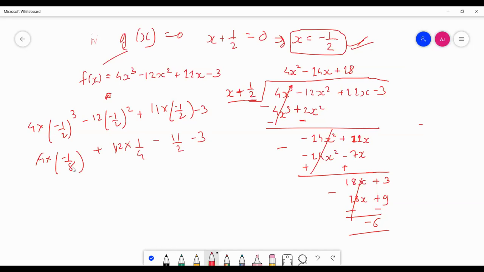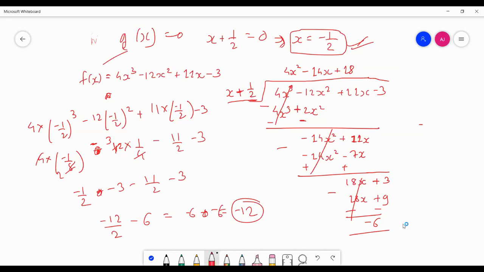So it will become 4 ones are 4, 4 2s are 8, minus 1 by 2 plus 4 ones are 4, 4 3s are 12. So it is, no, it is minus 12 into 1 by 4. So it will become minus 3 minus 11 by 2 minus 3. So it will become minus 12 by 2 minus 6. So it will become minus 6, which is equal to minus 12.